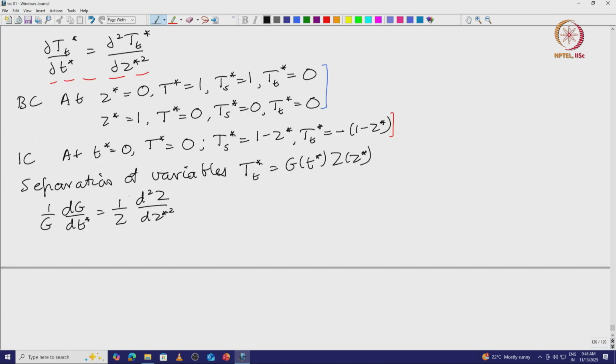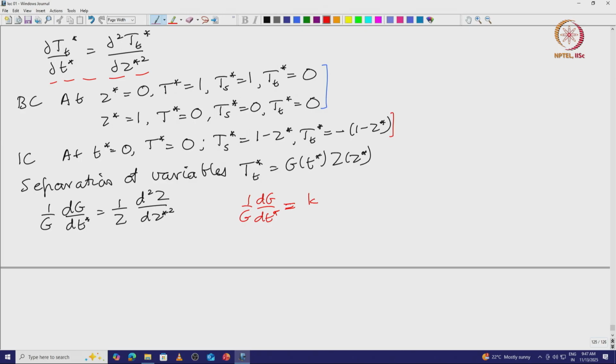Should that constant be positive or negative? To check that, we can take just the left side: 1 by g dg by dt star is equal to some constant k. If this constant is positive, then g is increasing exponentially in time, whereas if it is negative, g is decreasing exponentially in time.